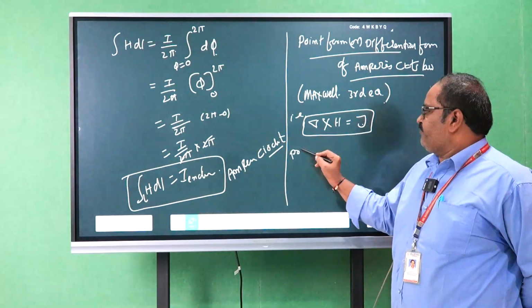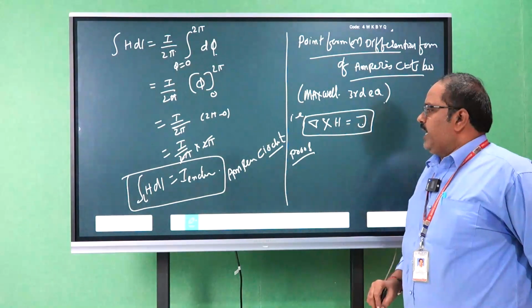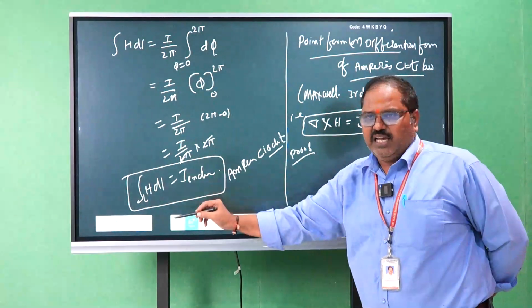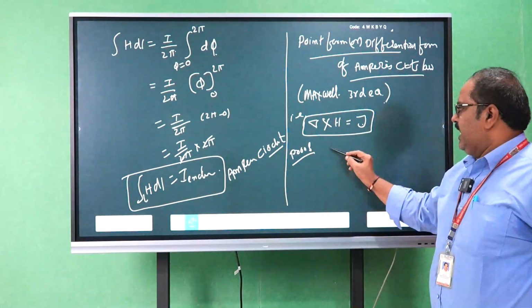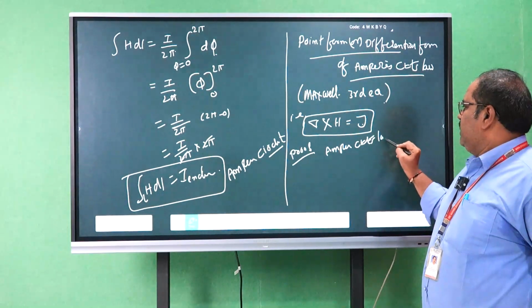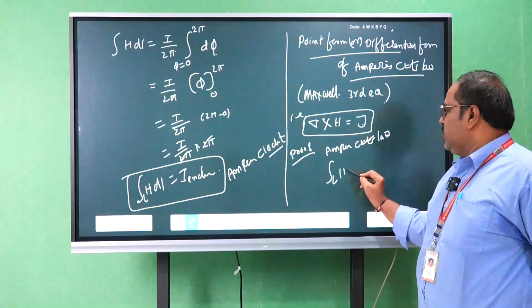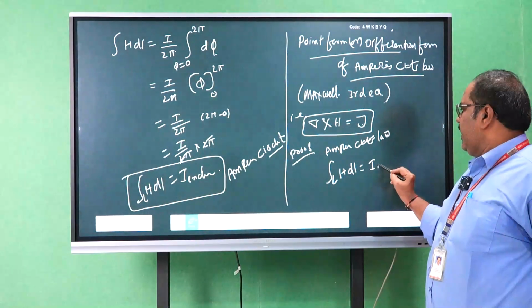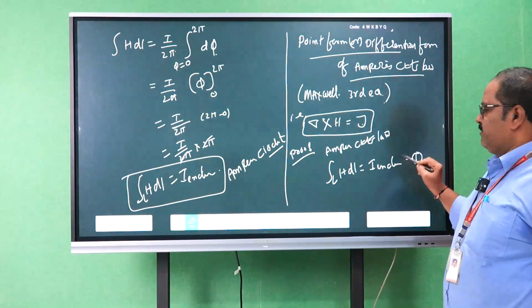Therefore, proof. According to Ampere's circuital law, the line integral of H dot dl is equal to I enclosed, equation number 1.